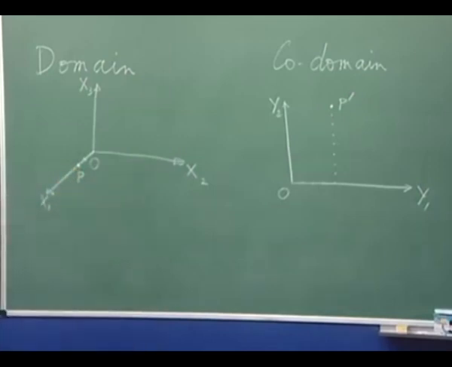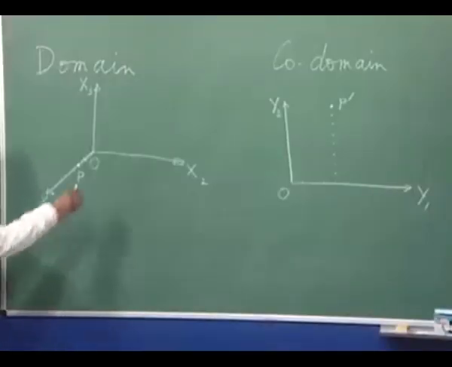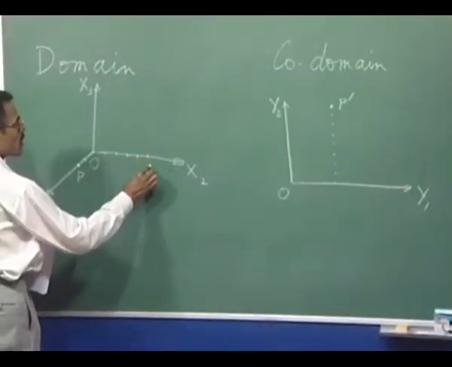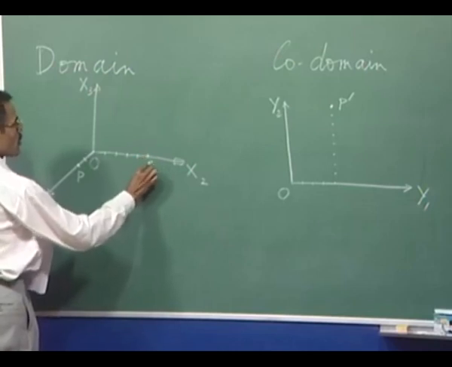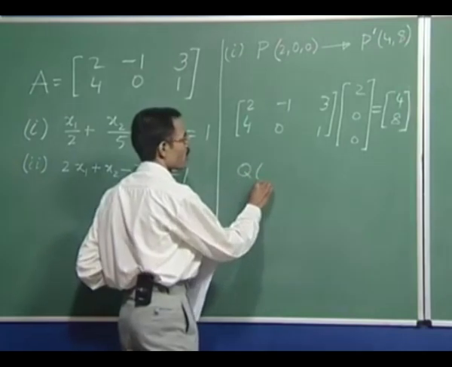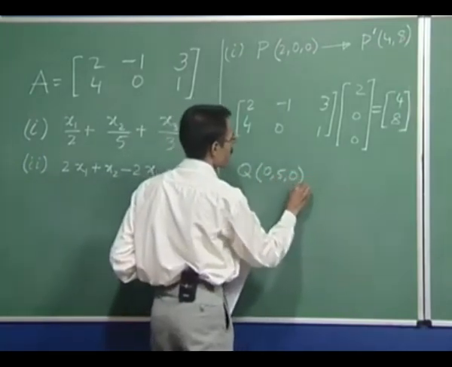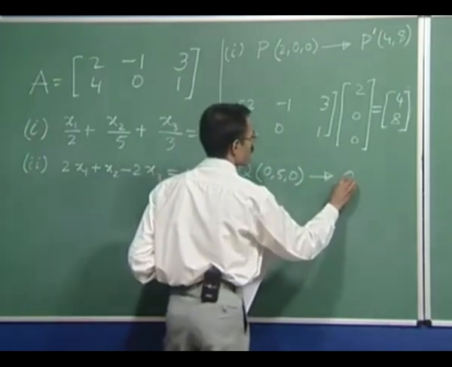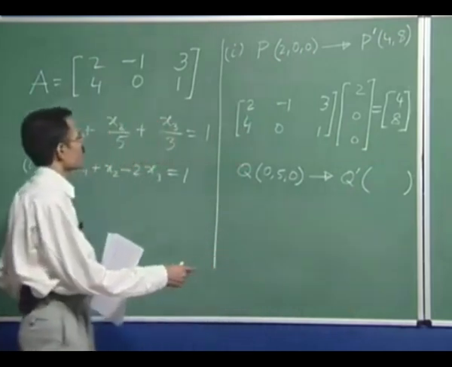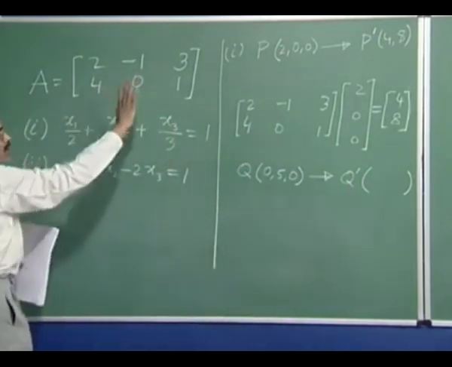Similarly, the other 2 points we mark here. Point Q is taken as the x2 intercept here. So, we can say that the x2 intercept of this plane is 0, 5, 0, and that goes to Q prime, which similarly will be given as 5 times this column, that is minus 5, 0.